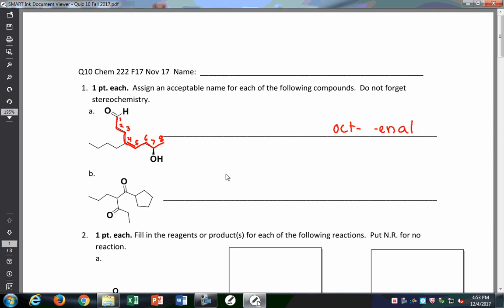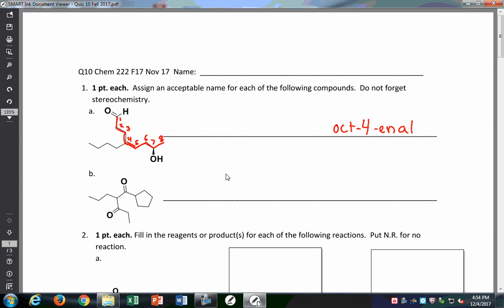And then the double bond starts on carbon 4. You can put the 4 before the oct or before the ene. You do not have to specify the number 1 for the aldehyde, because it's understood that aldehyde is number 1, because it has to be at the end and it has to take priority. So you don't usually see it. That's always right for the aldehyde and the carboxylic acid, yes.